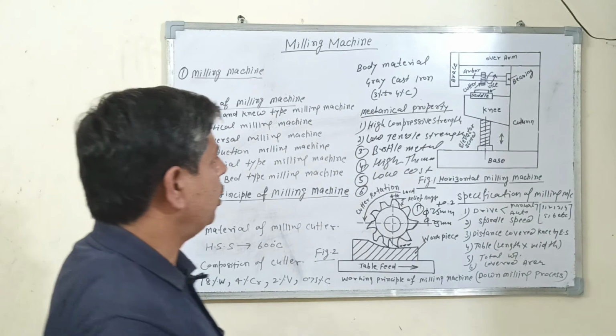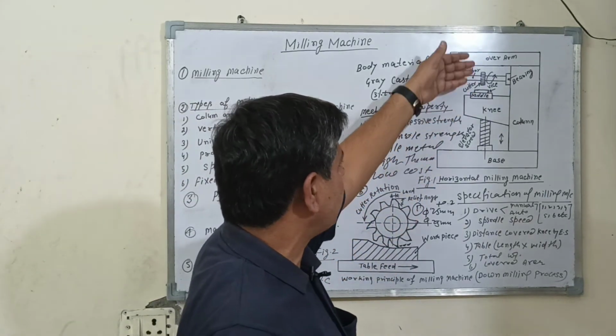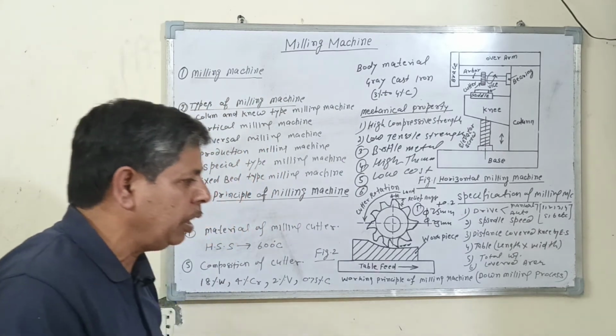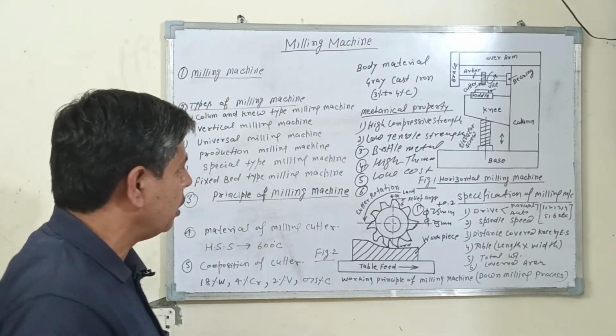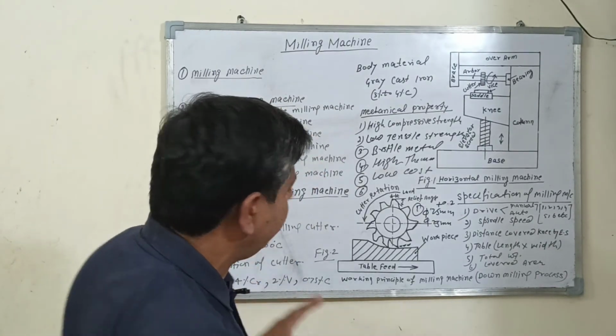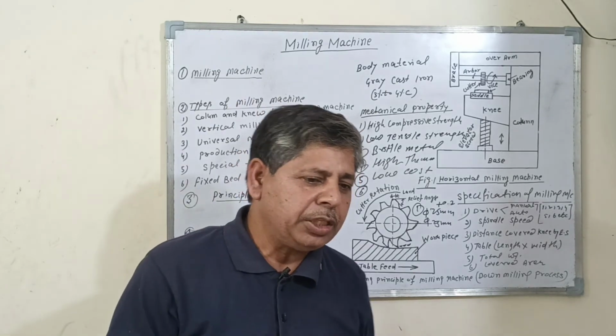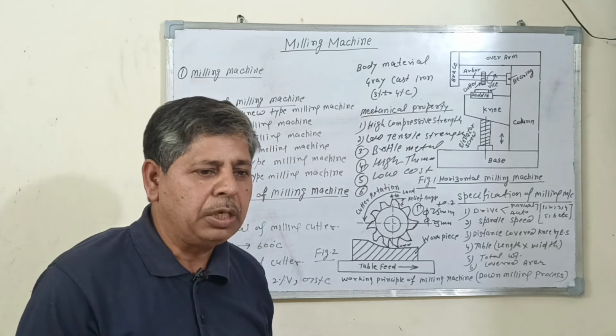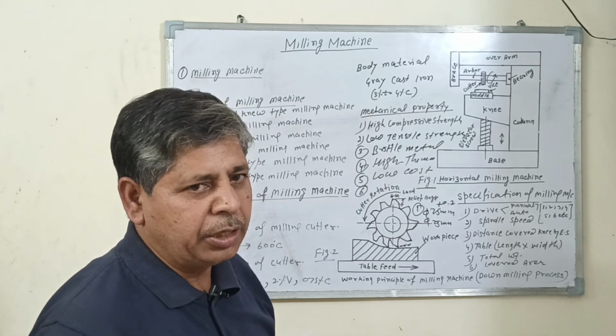Different types of tools can be mounted on an arbor to cut the material at different speeds and different depths of cut. Different types of machines play a very important role in increasing production and in different operations like slotting, grooving, and gear cutting.